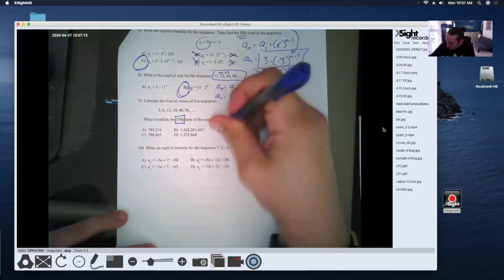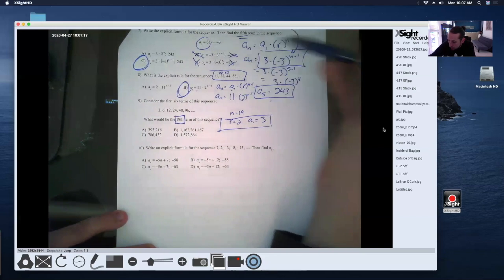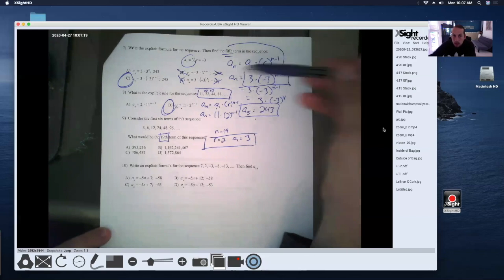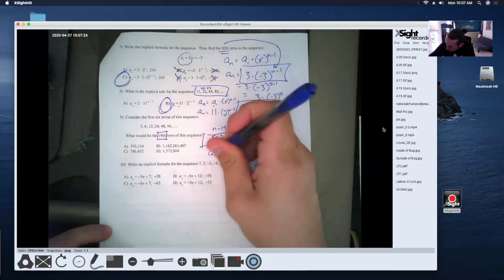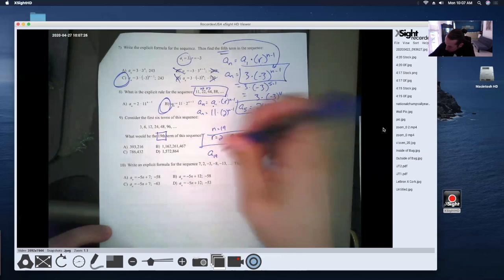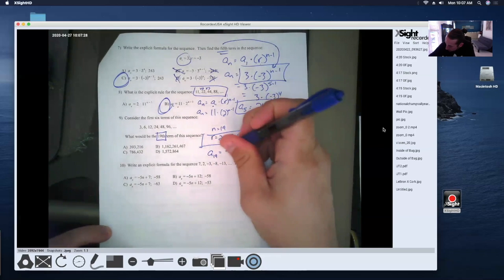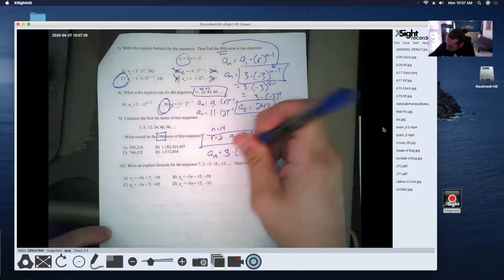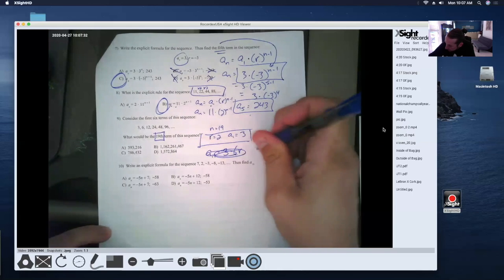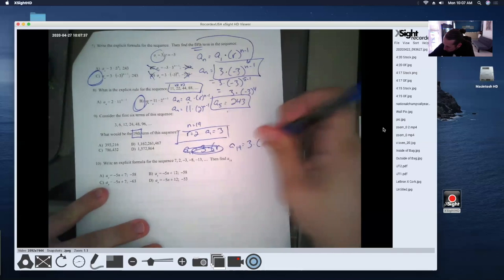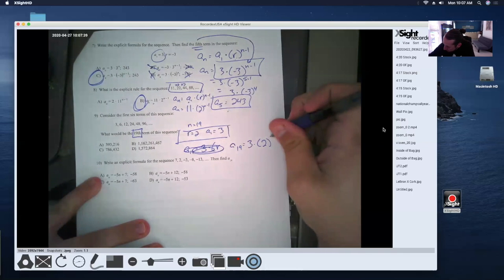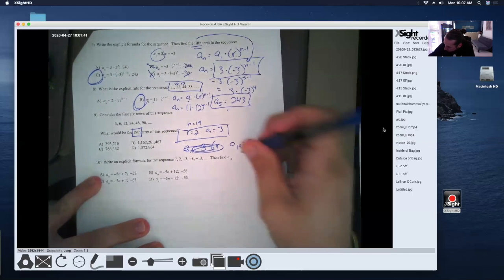So I'm going to set up my formula. This is exactly like 7 and 8's formula. Okay, so a_1 times r^(n-1). So I want to know the 19th term. So a_19 equals a_1, that's 3, times r, which we know is 2, and then n minus 1, so 19 minus 1.